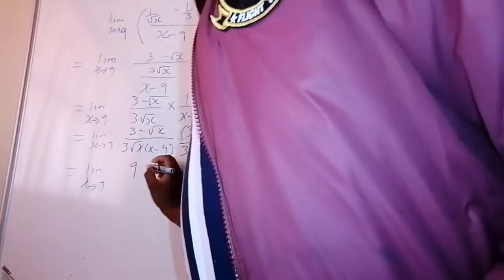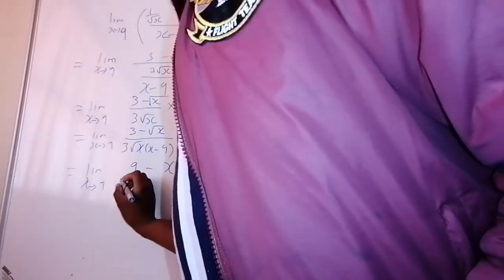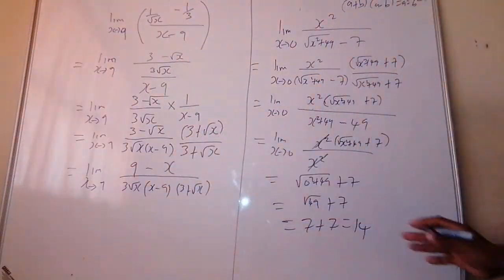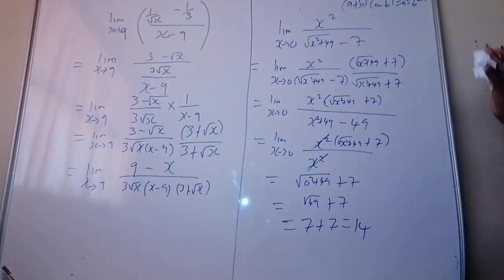Square root of x times square root of x, that's x. So that's going to be 3 square root of x into x minus 9 times 3 plus square root of x. So we can change this 9 minus x into negative. We can take out the common factor of negative there.